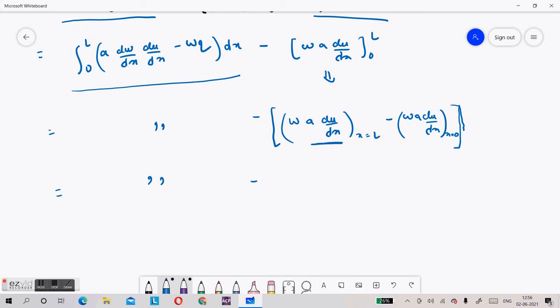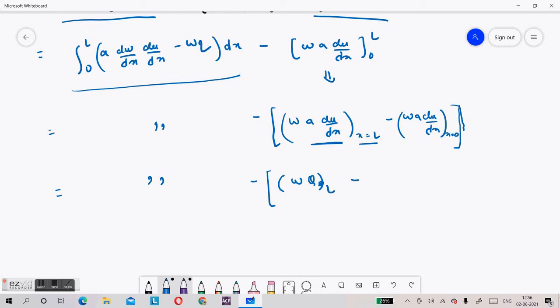So we will take it as w q0, with w at x equals L. This is a boundary condition.